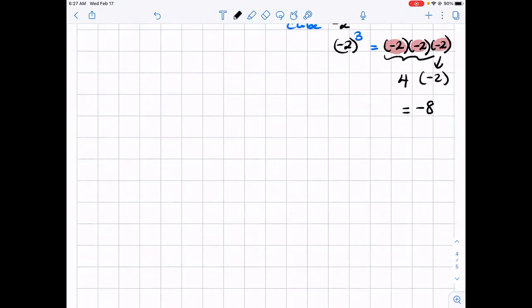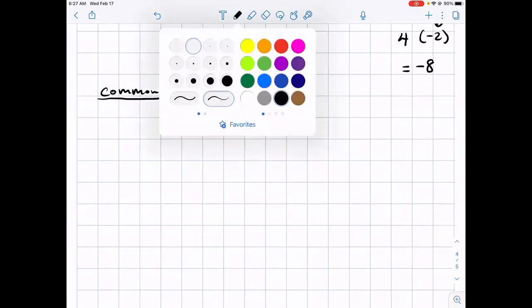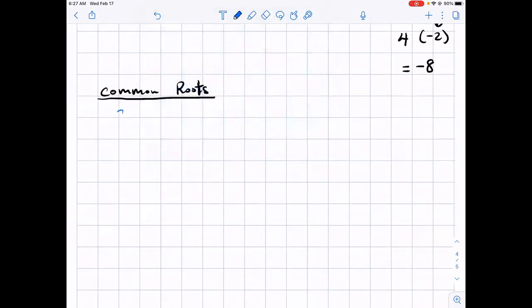So for square roots, common roots, we will look at square roots and then we can also look at cube roots, and we could even look at some fourth roots.